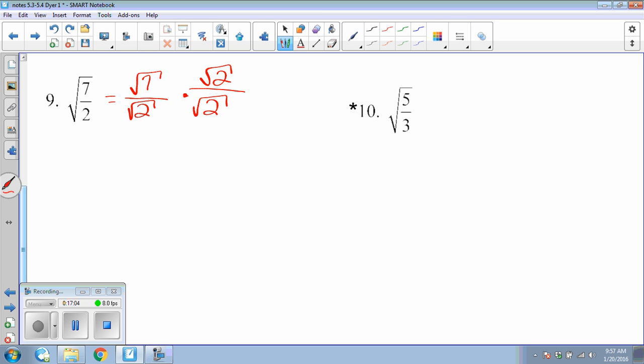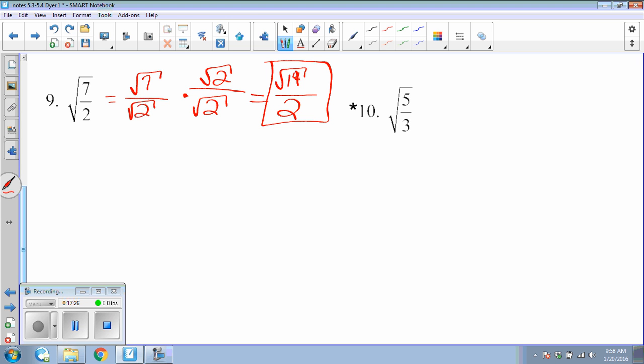Okay? So now, what I end up with, square root of 2 times the square root of 2 is just 2, right? And on the top, that's the square root of 14, and the square root of 14 can't be simplified anymore. So this is my answer.